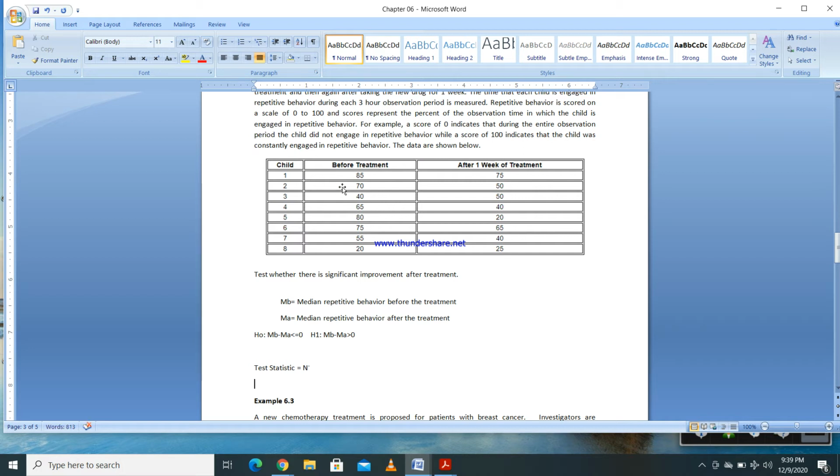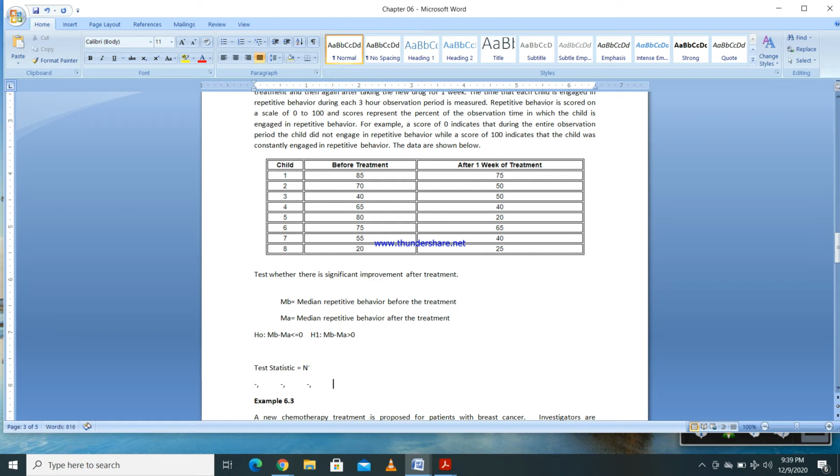Now if you look at the first observation, 85 minus 75, that is positive... wait, here 85, here 75. 85 minus 75, so that is negative. Then you have 70 minus 50, so again a negative difference. Then let's say 40 minus 50, again a negative difference.